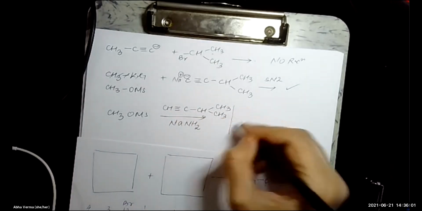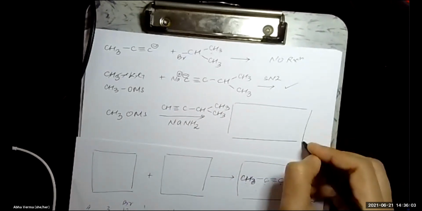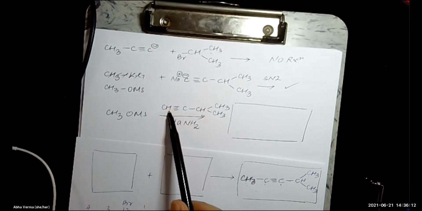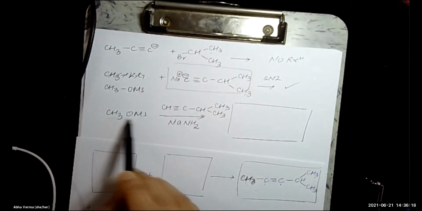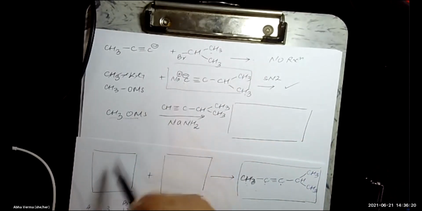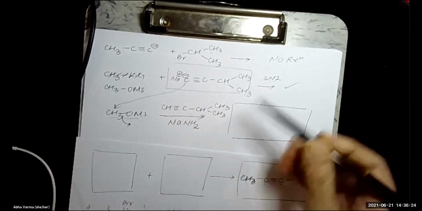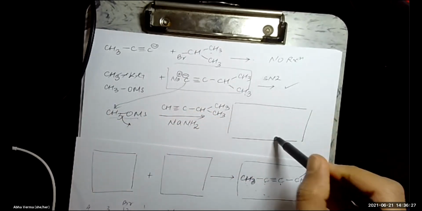What will be the product that you will get here? Think about it. This is a terminal alkyne. This is a strong base. An acid-base reaction is bound to happen here. And this intermediate will form. This will then react. And the same structure will form here.